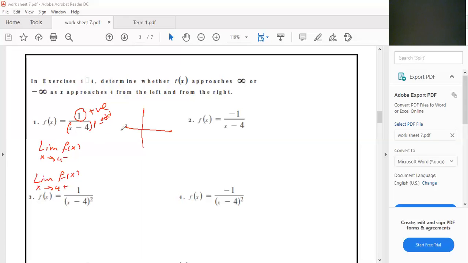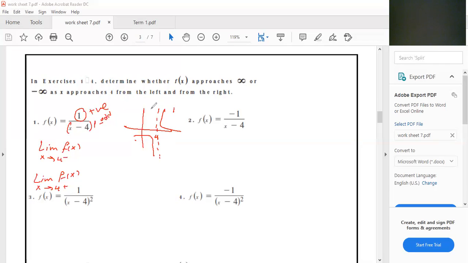What is the value of x which makes the denominator 0? It is 4. I write here 4. For the vertical asymptote, I use a dotted line, as you see here. As I showed you before, positive and odd, it will be in the first and third quadrant.